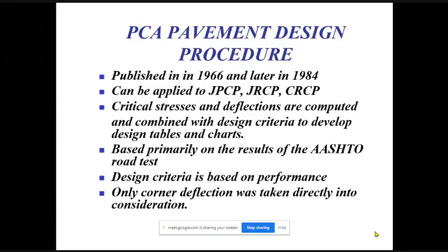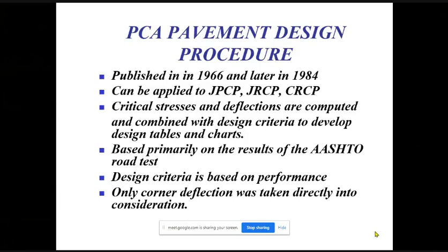The basic approach is that it contains calculation of critical stresses and deflections, and then it is combined with the design criteria to develop design tables and charts from which we do our design.